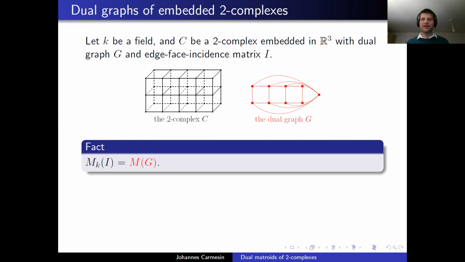Actually, you can do that. Let me tell you how. First, what you need is a matrix: the edge-face incidence matrix of the 2-complex. That's a very simple object. If I take an edge and a face, what's the value for this pair? If the edge is not in the face boundary, you take the value 0.